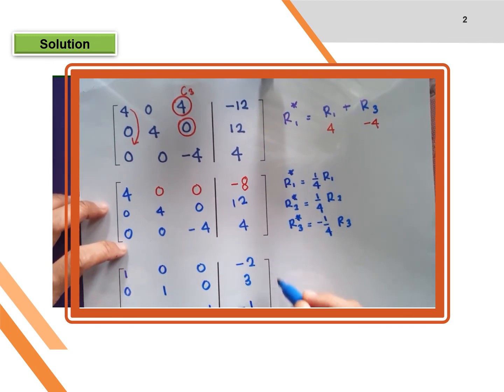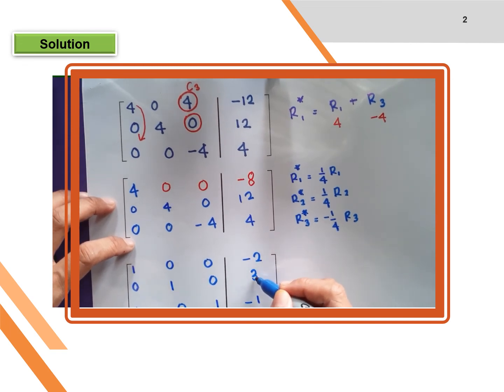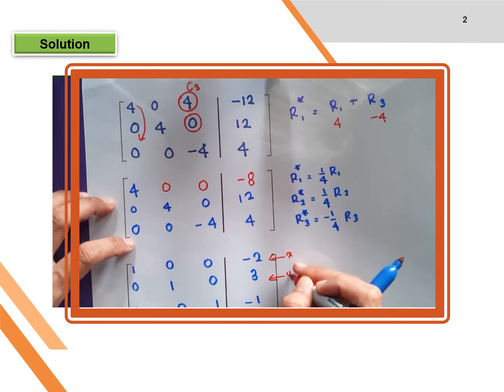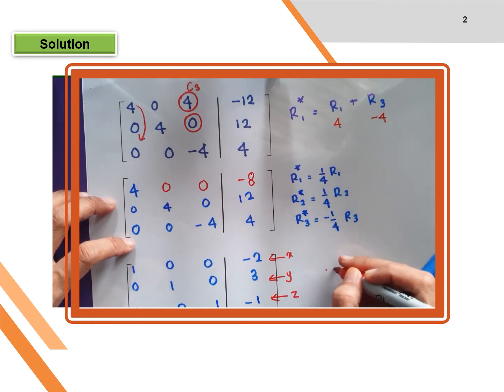The numbers on the right side, negative 2, 3, negative 1, are the values for x, y and z. So as a conclusion, x is equal to negative 2, y is equal to 3, and z is equal to negative 1.